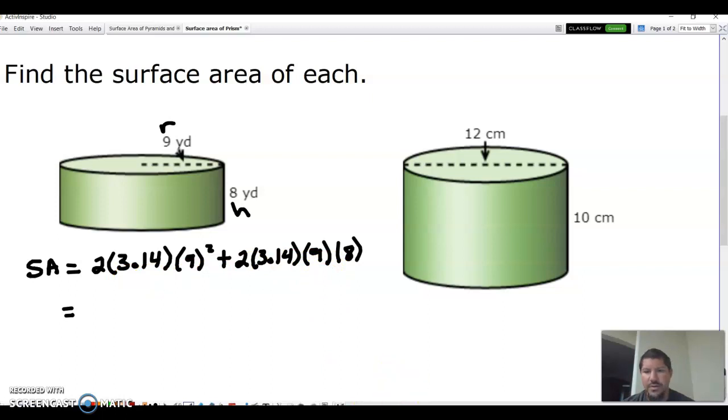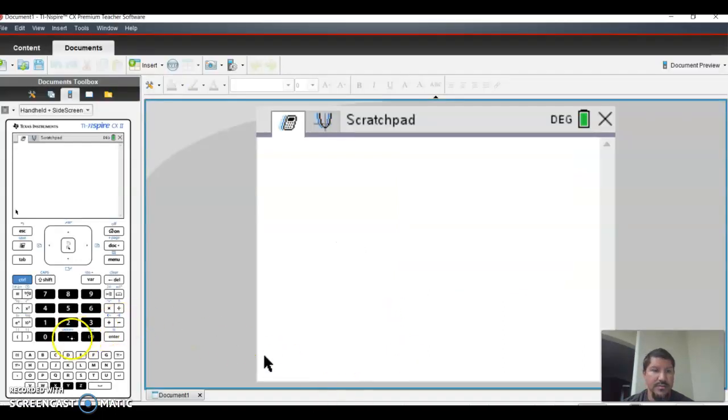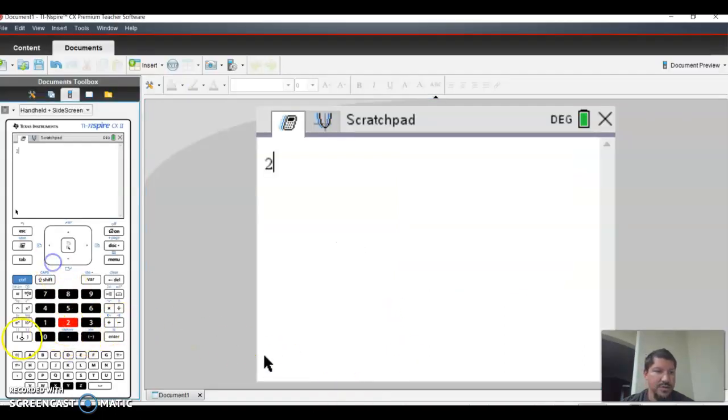You can either find one online, you can use your phone. If you use your phone, I would make sure that you're writing all of this down. Okay, so that's 2 times 3.14 times 9 squared plus 2 times 3.14 times 9 times 8.